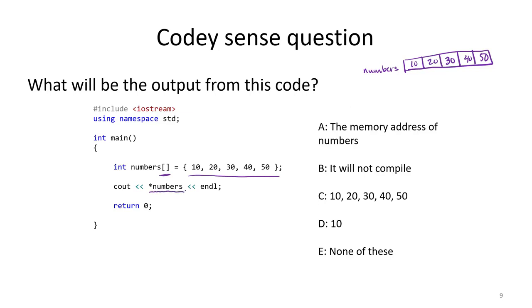We're trying to use a cout statement with asterisk numbers. What's going to happen here? Will this code compile? Or is it going to return a value? What does your CodeSense think? Take a moment and think about what this code will be returning, and then we'll discuss.